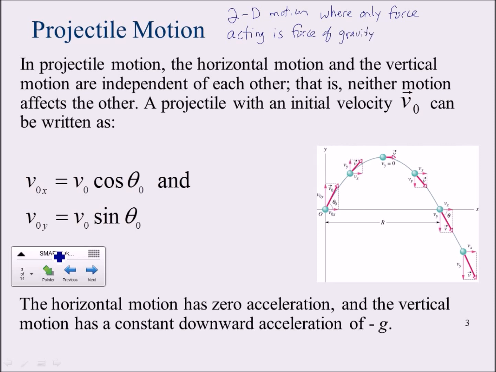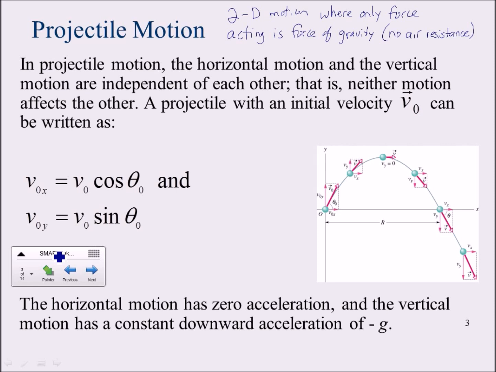This means we're ignoring air resistance. We're going to assume that things are shot in a vacuum, or that the air resistance is small enough that we can ignore it.